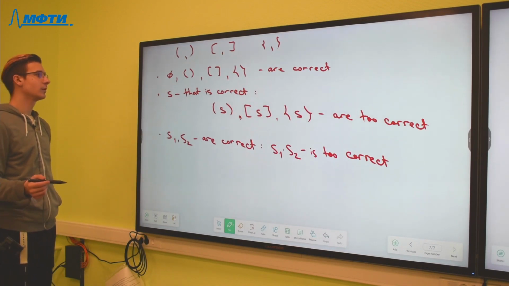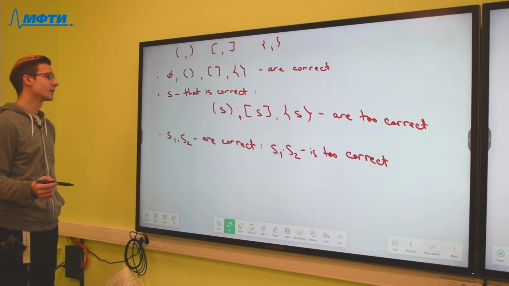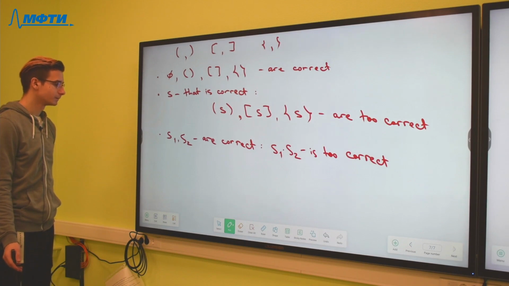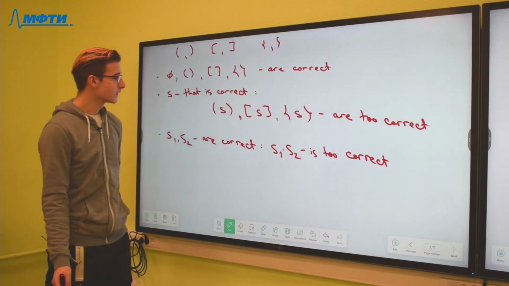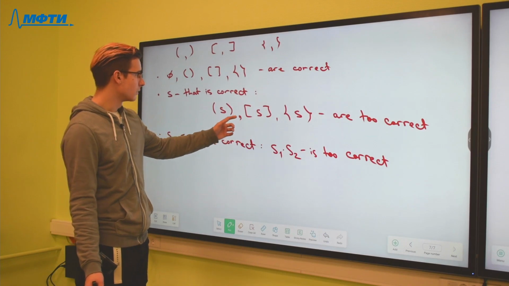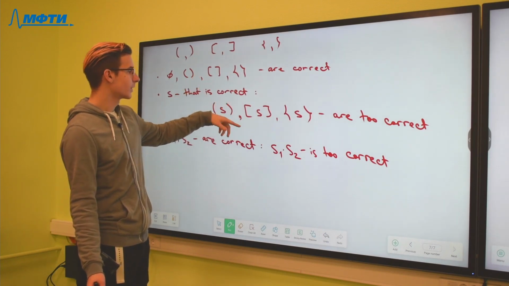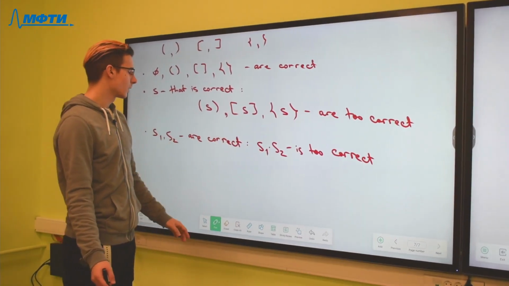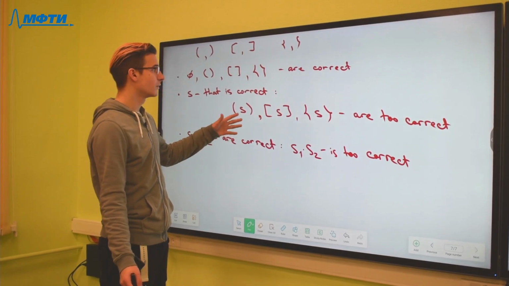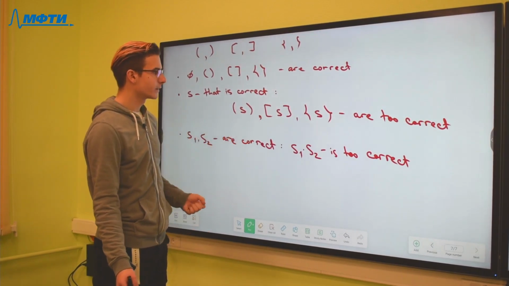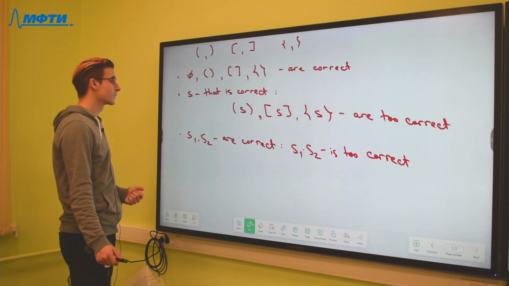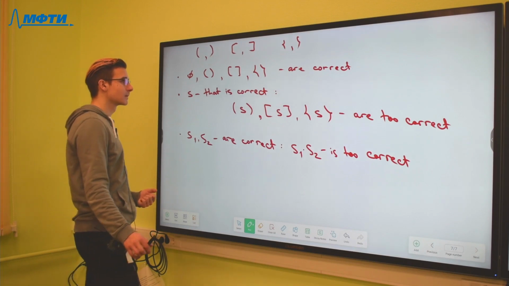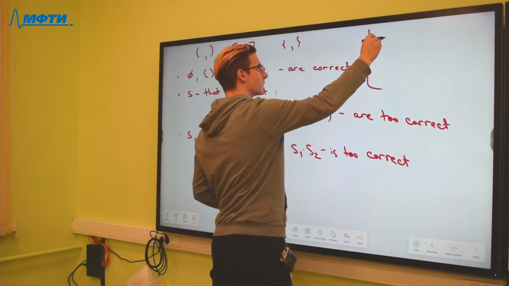So all the sequences that we can get by the induction operations, adding two brackets or concatenation, are all correct, and no other lines are correct. So that's all, I think.